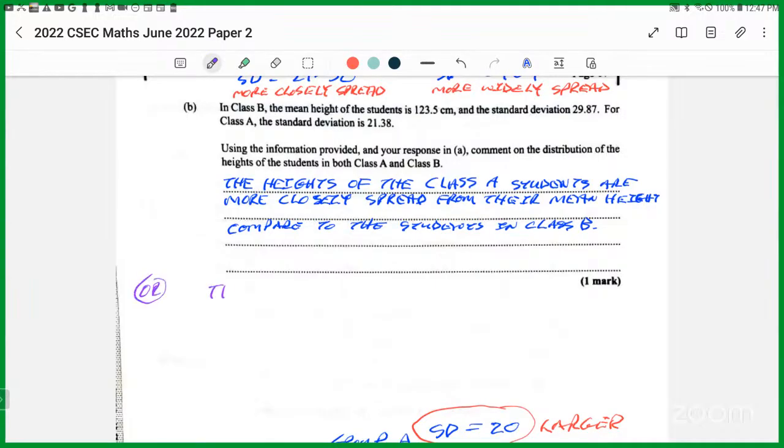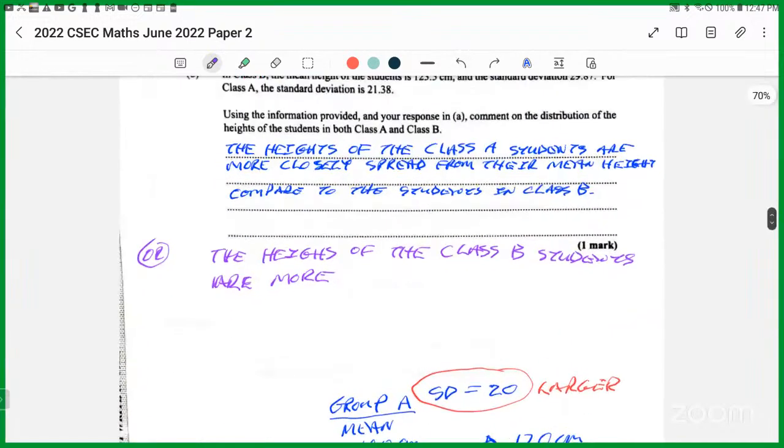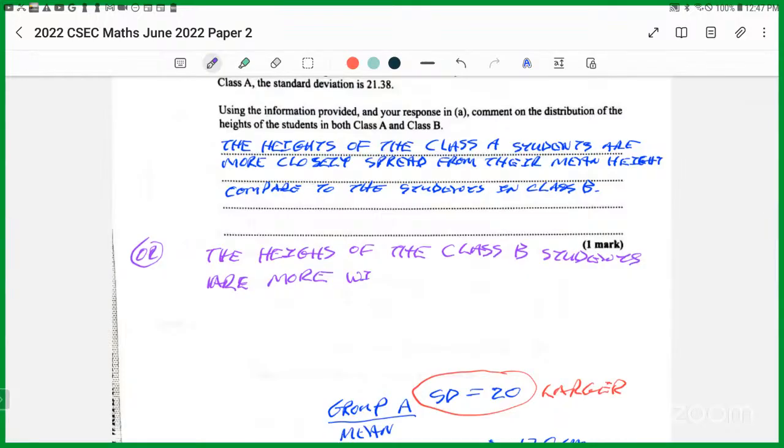Referencing B, I would say the height of the class B students are more widely spread, because class B has a higher standard deviation, so the data is spread out wider, from their mean height.